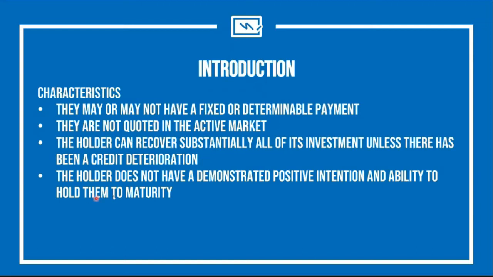And the holder does not have a demonstrated positive intention and ability to hold them to maturity. The concept here is that this definition is trying to distinguish a normal loan and receivable from an amortized cost financial asset. Right? Because when it is an amortized cost financial asset, this is its definition.